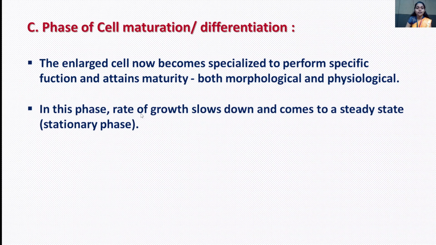In this phase, the rate of growth slows down and comes to a steady state, or stationary phase. This phase is also called the stationary phase. The first phase is the lag phase, the second phase is the log phase, and the third phase is the stationary phase, meaning the phase of cell maturation or differentiation. Moves to the next slide.